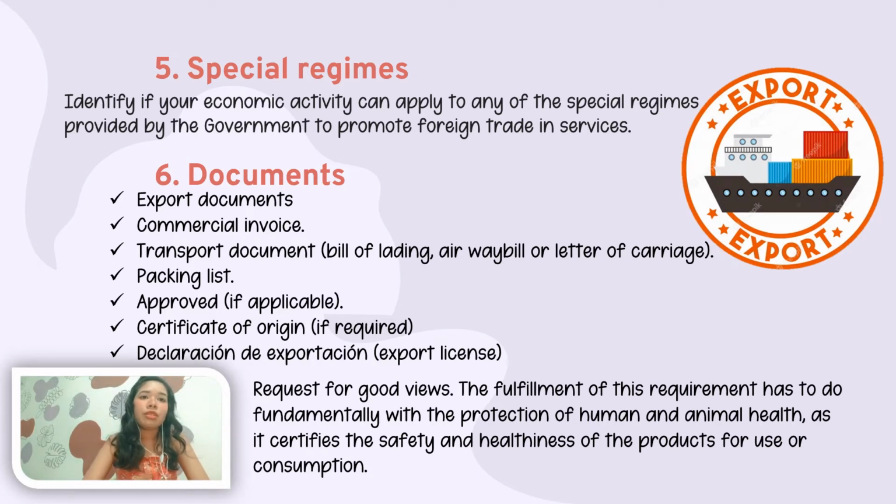Export documents: commercial invoice, transport document, and bill of lading, waiver or letter of courage, packing list, approval if it is applicable, certificate of origin if it is required, import declaration, export licenses, request for good use. The fulfillment of this requirement has to do fundamentally with the protection of human and animal health.